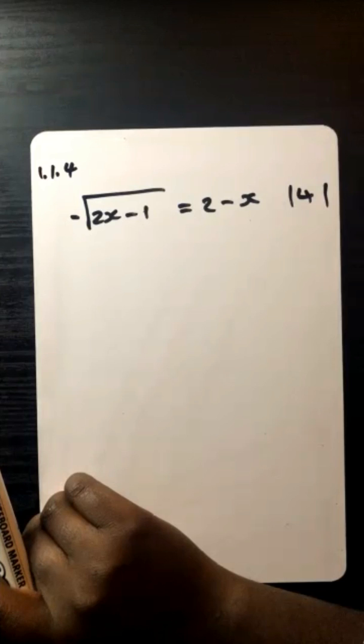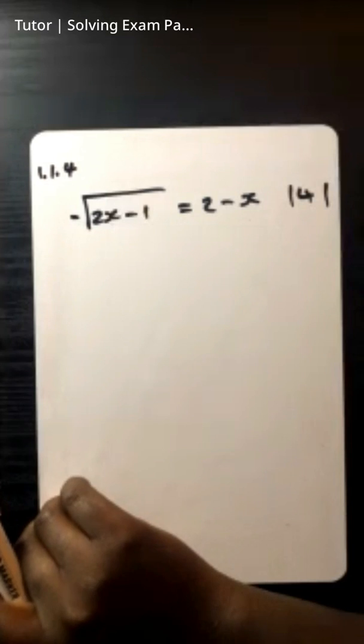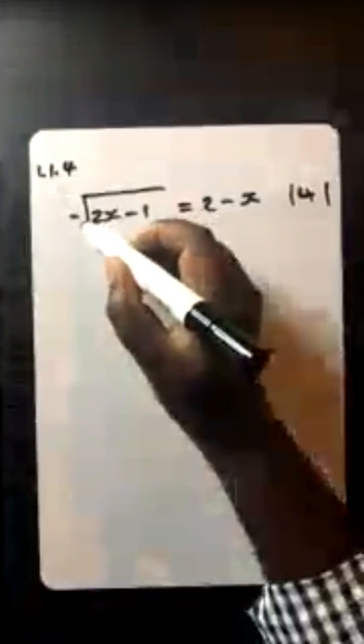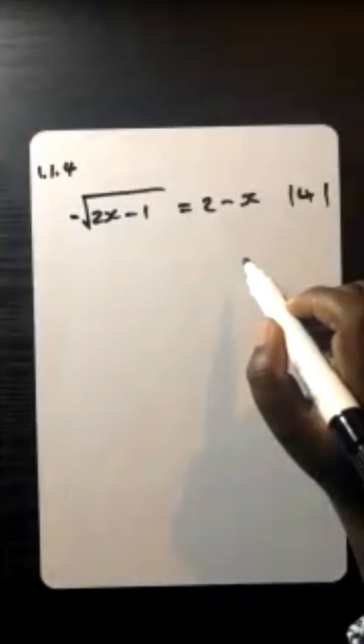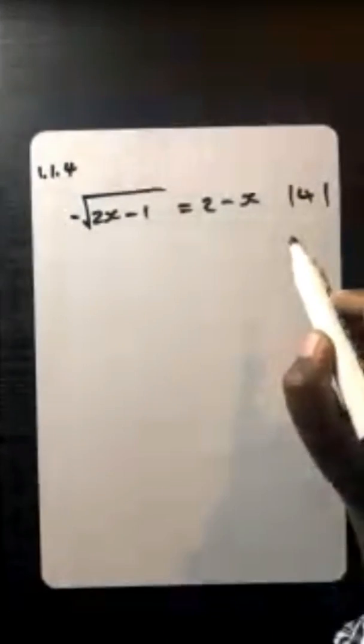And because it's a quadratic equation, means we're going to have 2 values of x.